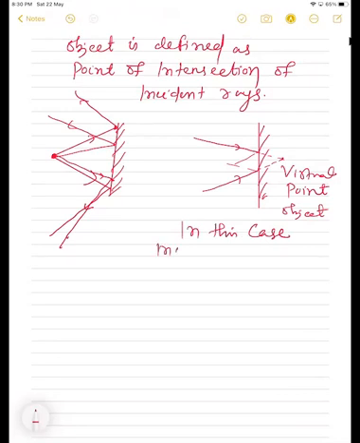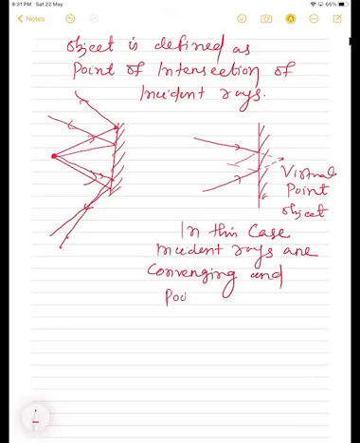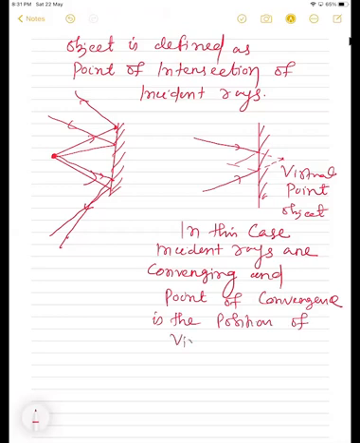Incident rays, in this case incident rays are converging and point of convergence is the position of virtual object, correct?